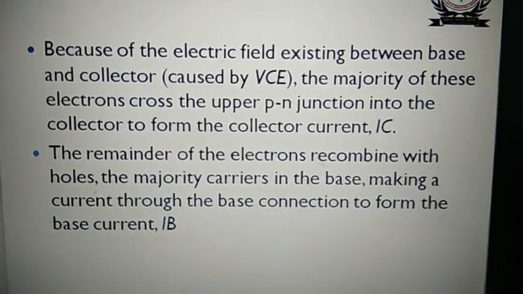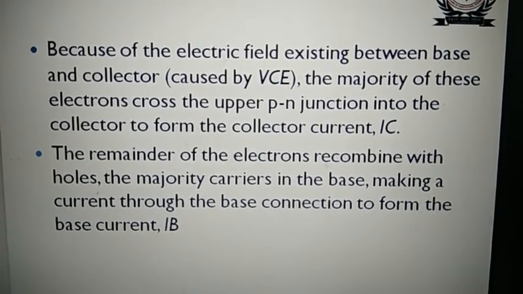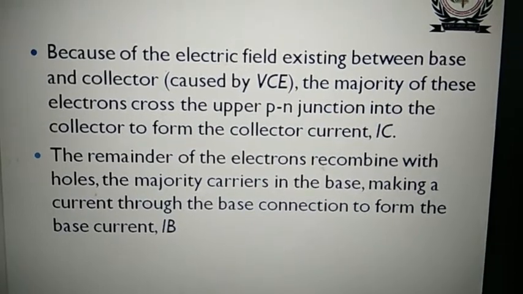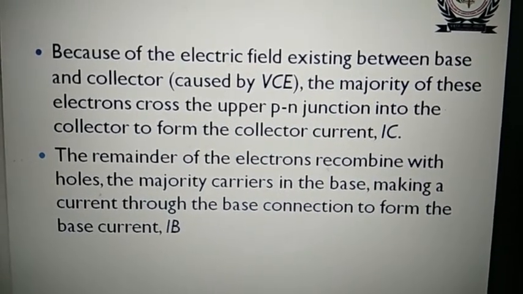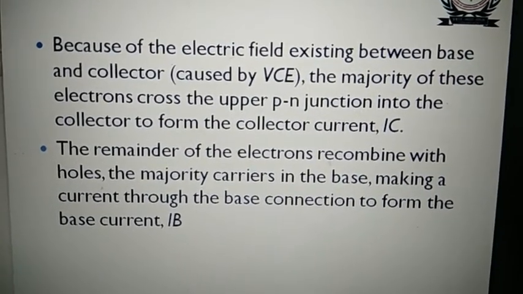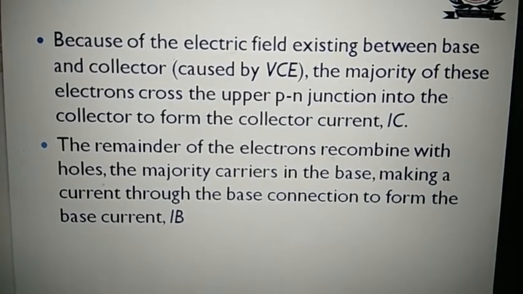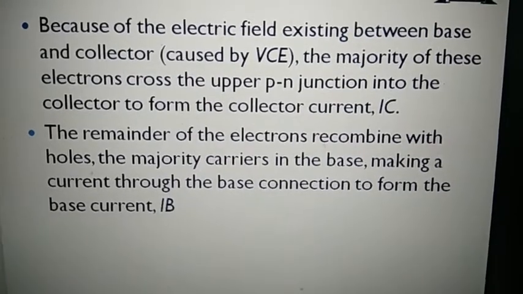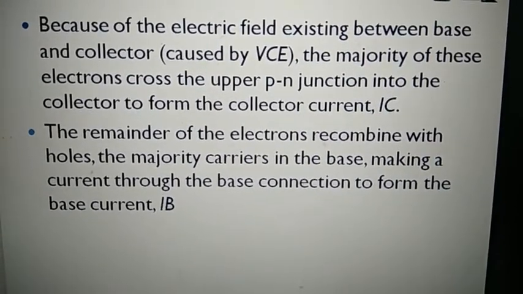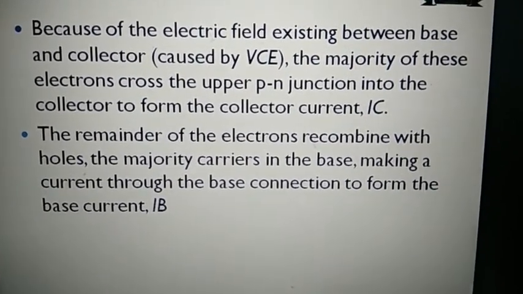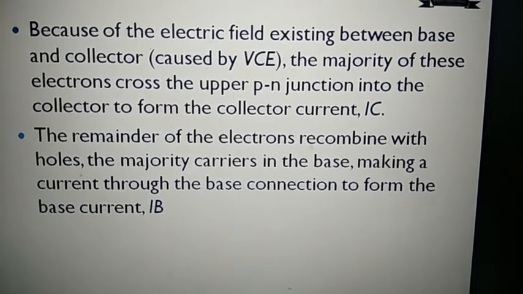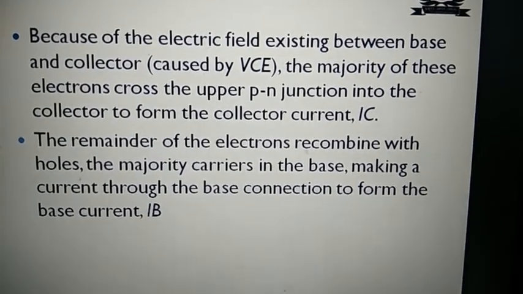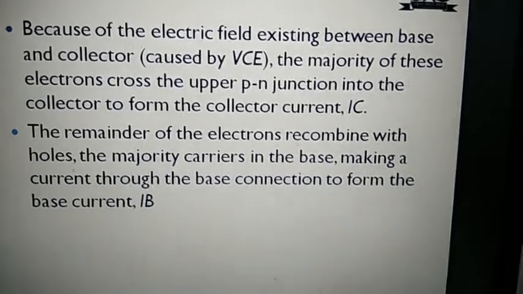The remainder of the electrons recombine with the holes in the base, the majority carrier in the base, making the current through the base connection to form the base current IB.